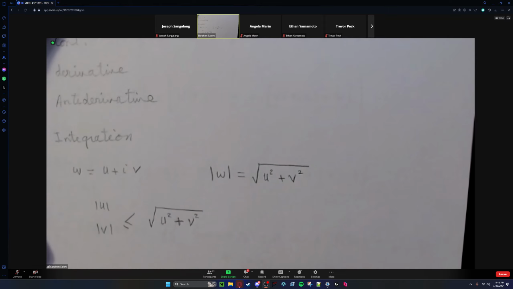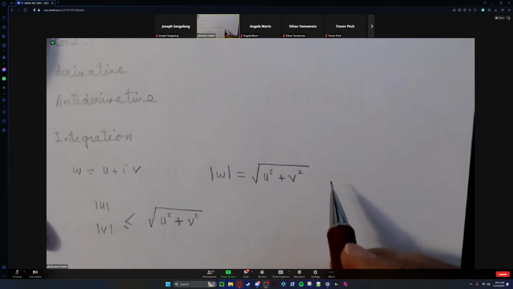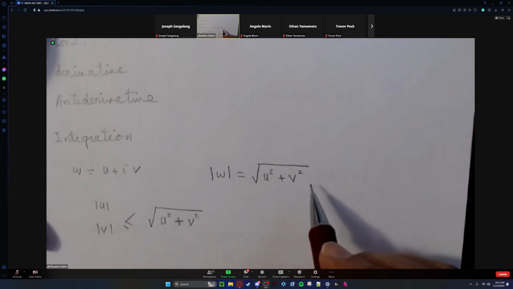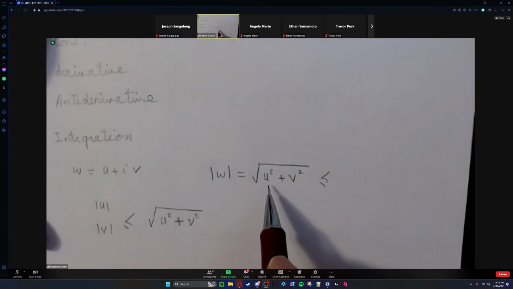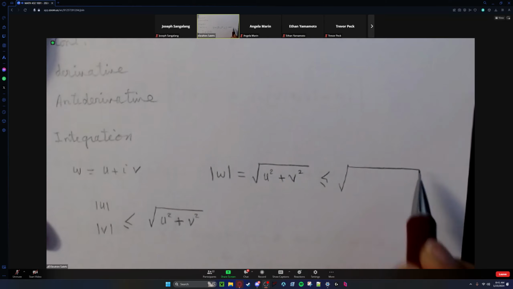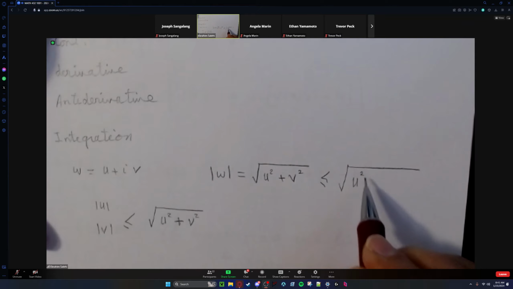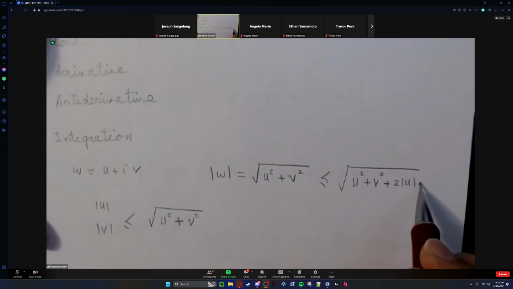On the other hand, the other side of inequality. See, here I can add certain things under this radical. For example, I can say, look, this is less than or equal to, add something right here, which is u squared plus v squared, right? I am adding now twice u times absolute value of v.